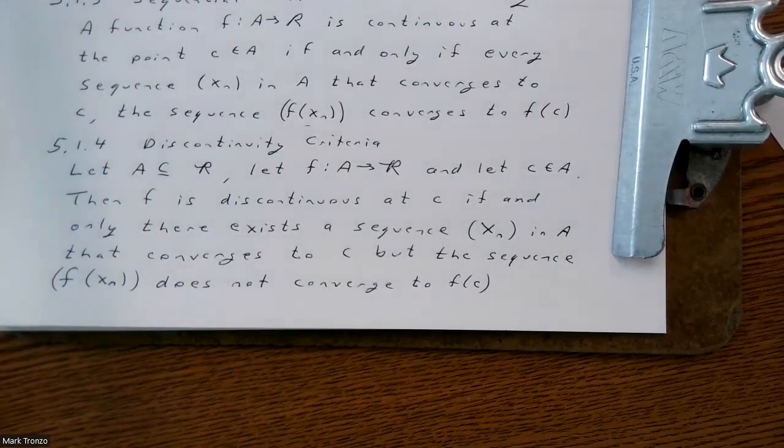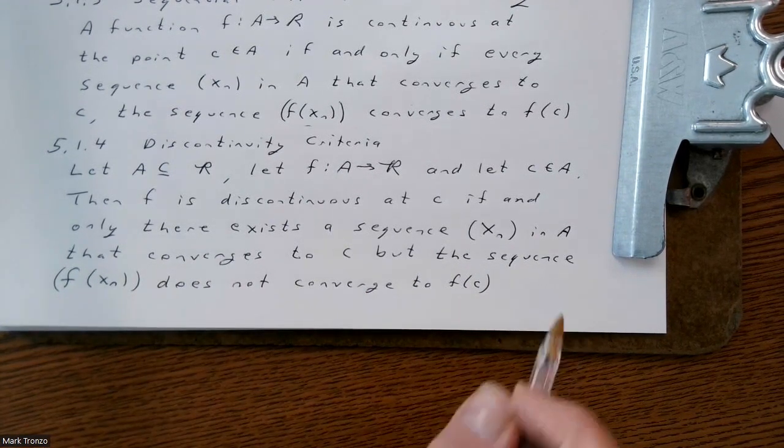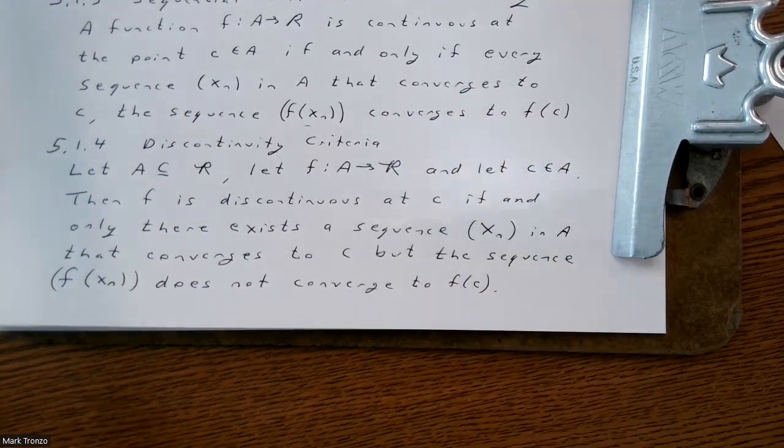So in other words, if you can come up with a sequence that converges to C, where putting the members of the sequence in the function does not converge to F of C, that's a way to disprove continuity.